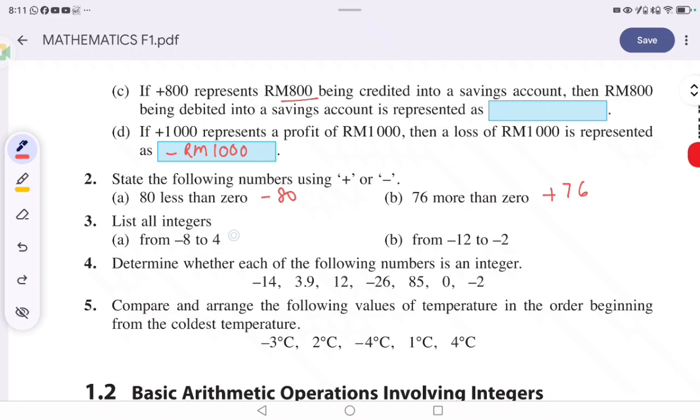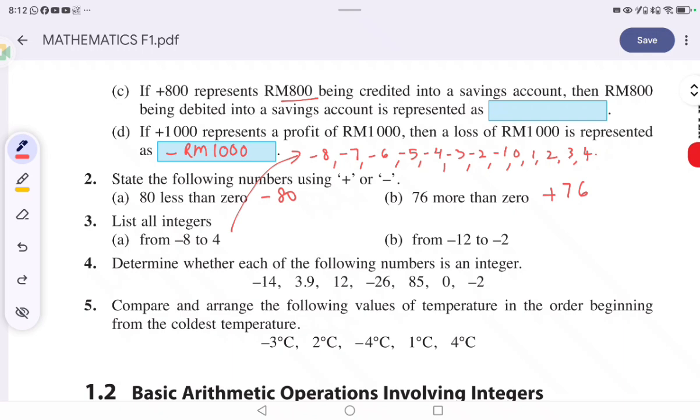So for this 3a, you start from negative 8, negative 7, negative 6, negative 5, negative 4, negative 3, negative 2, negative 1, 0. You just list down until 4. 1, 2, 3, 4. So this one is your answer for 3a.